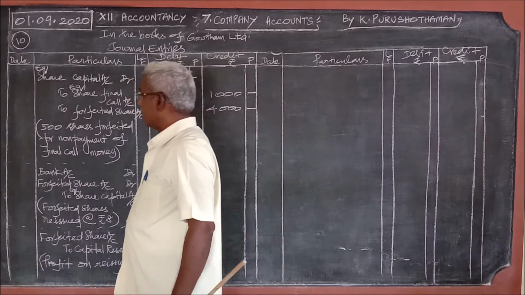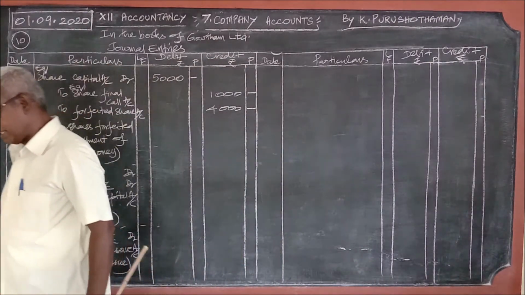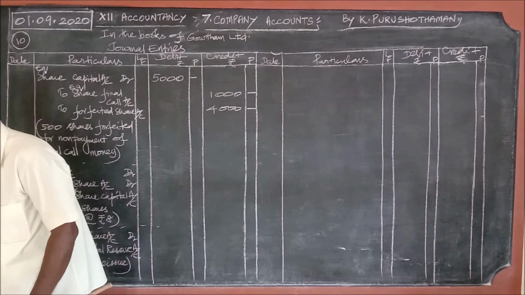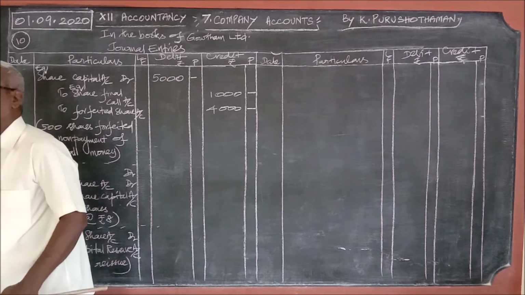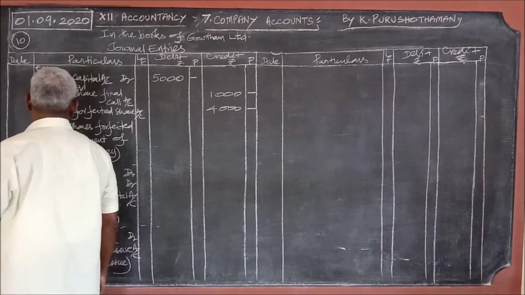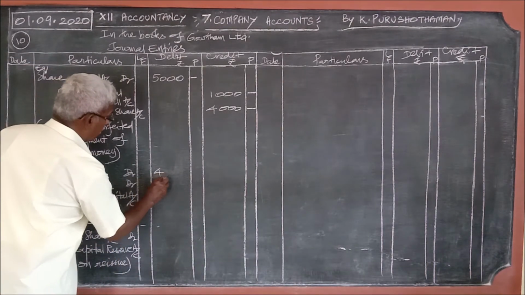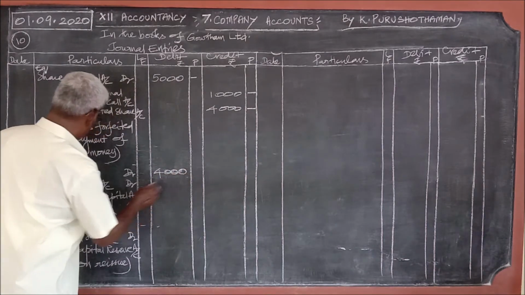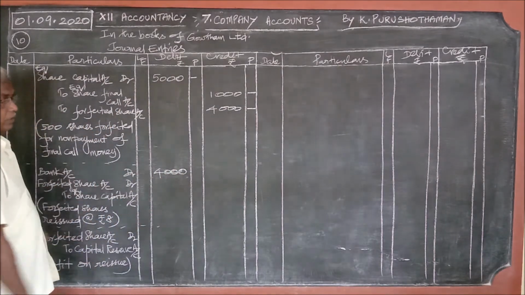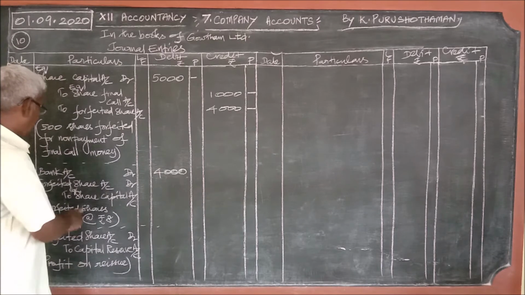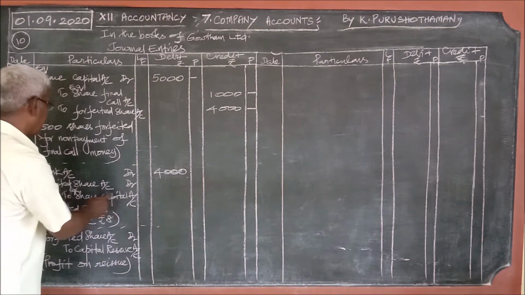All these 500 shares were reissued at the rate of rupees 8 per share. 500 into 8, 4,000 rupees. That amount will come to the bank account. But what is the actual value of the share capital?